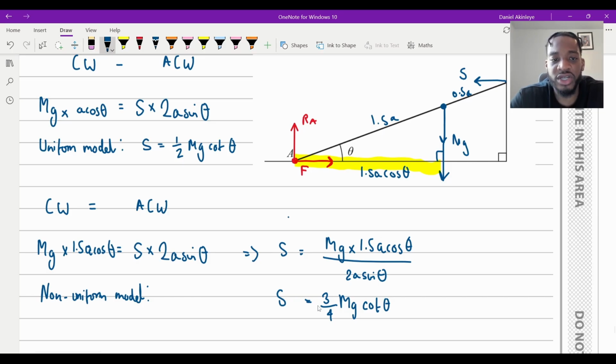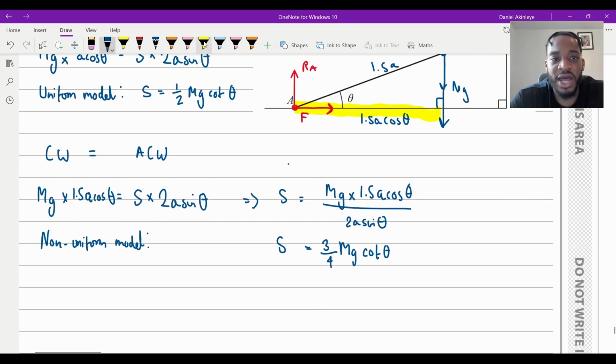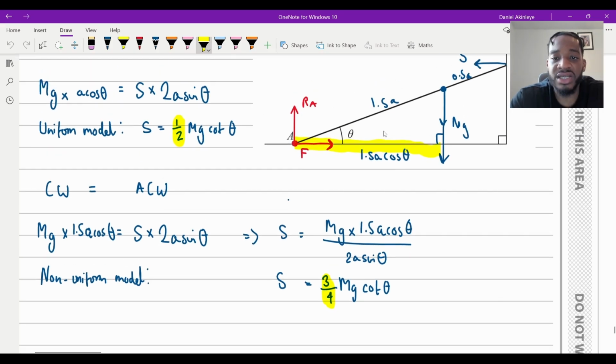So what's happened here? Well, let's compare both S's. The uniform model had a half, this is 0.5. The non-uniform model, when the center of mass was closer to B, was 3/4, so it's increased, right? So as the center of mass gets closer to B, S will increase.